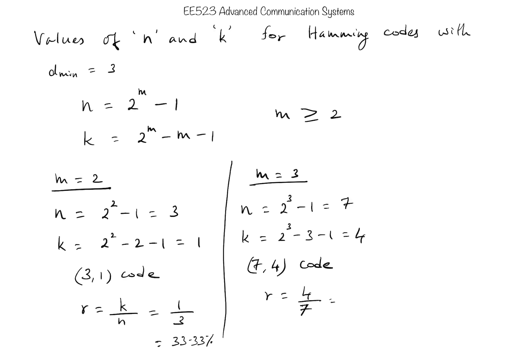In terms of the percentage value, 7 5s are 35, 7 7s are 49, 57, something like 57.14%. So for m equal to 3, we have the code rate 4 by 7, that is, the coding efficiency is about 57.14%.